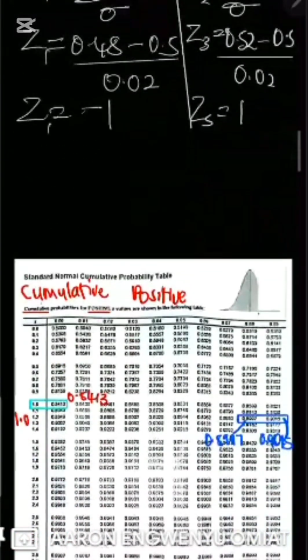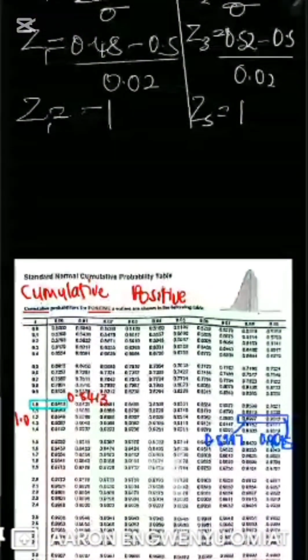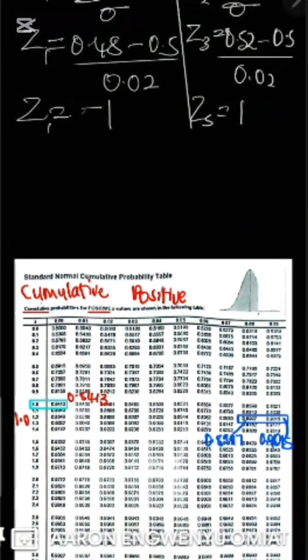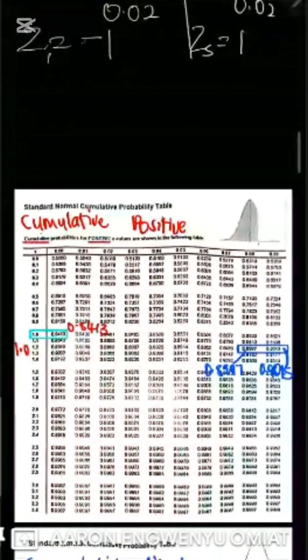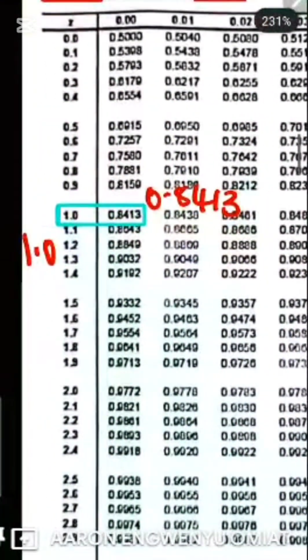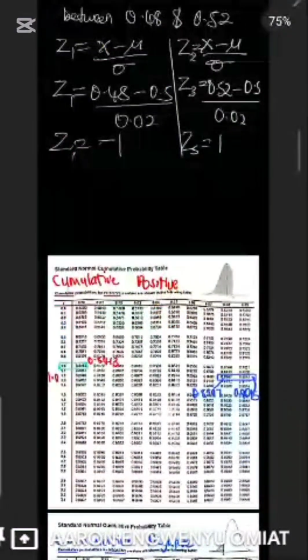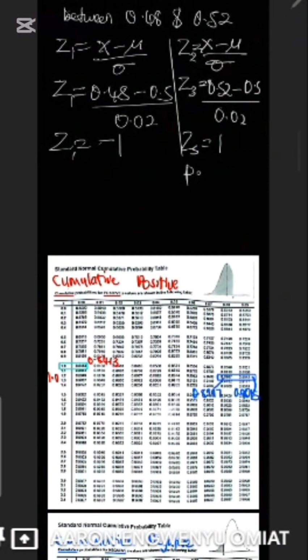So I'll do the table work. For cumulative probabilities for positive z values, if we look at the table, positive 1 corresponds to 0.8413. So this gives us the probability of z less than z2 as 0.8413.